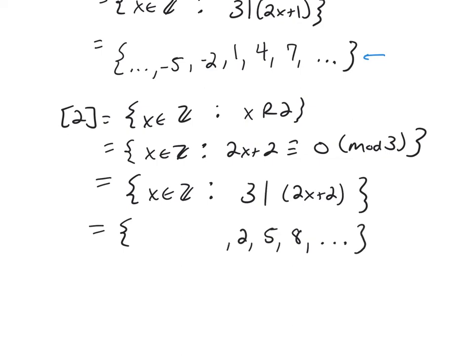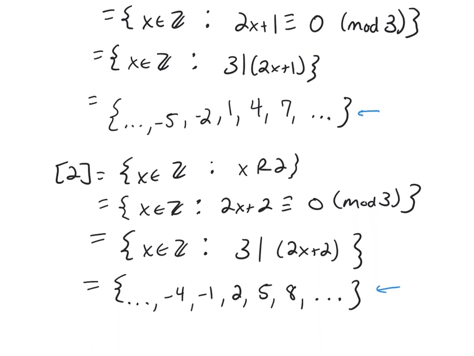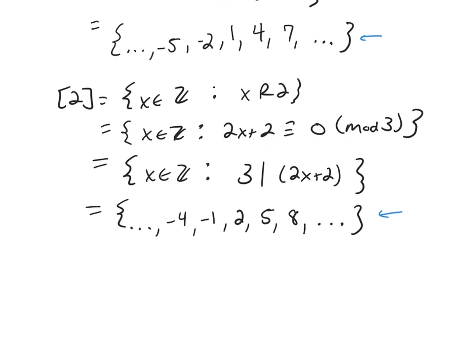And then you go down, x could be negative 1 because 3 would divide 0. x could be negative 4. So if you look at these equivalence classes, now I've got every integer appearing in one of these 3 sets here that I've put an arrow next to.